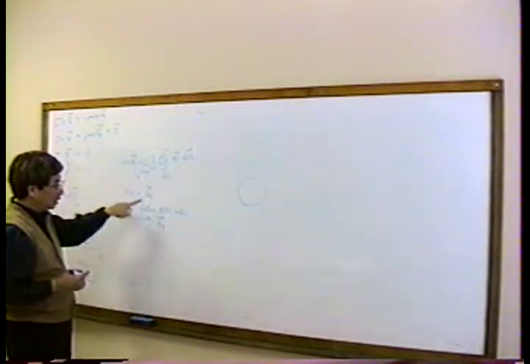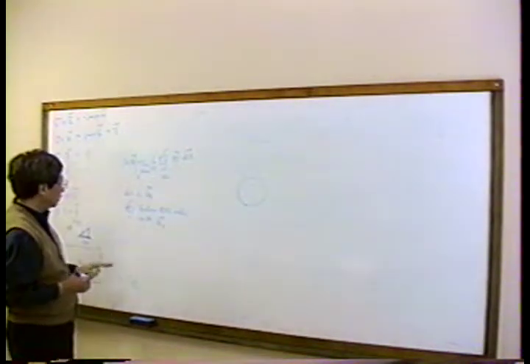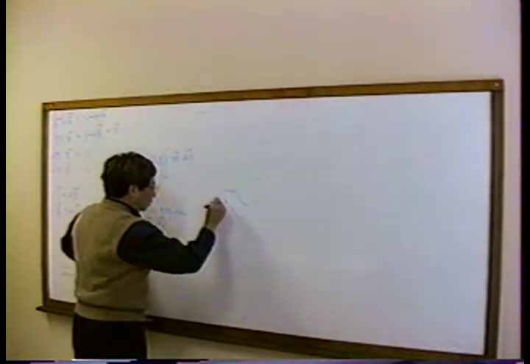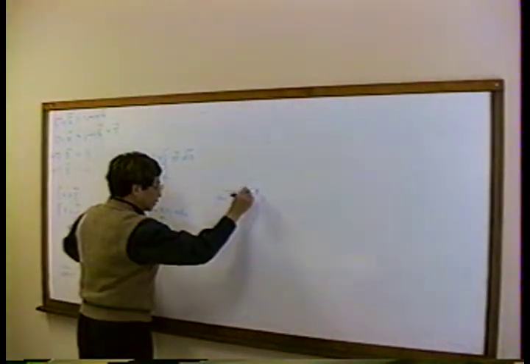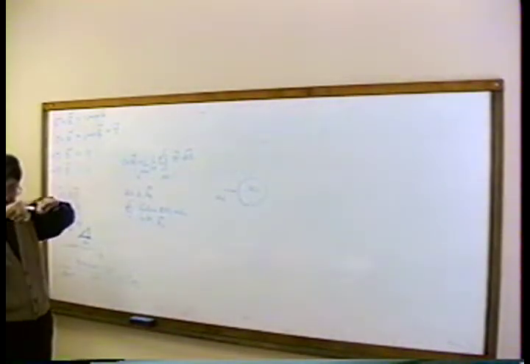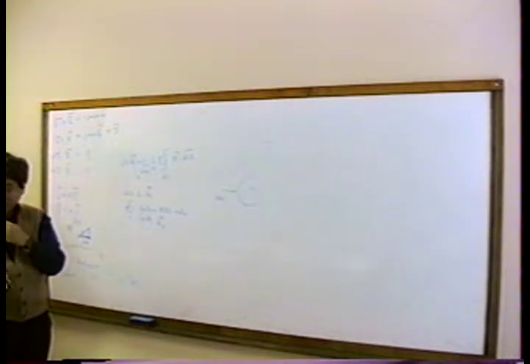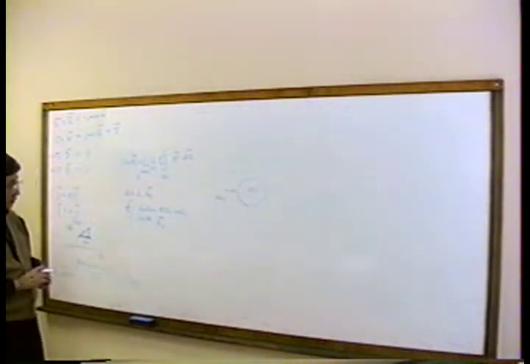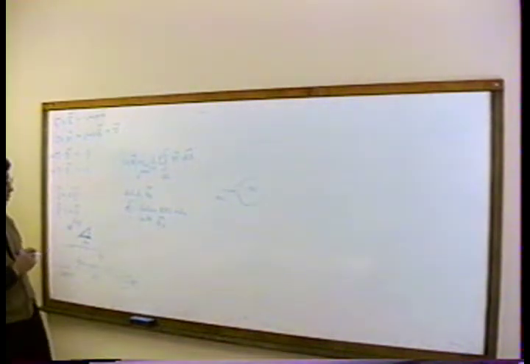Then this delta S in here, this surface in here, this is delta L. This is delta S. Okay, delta L is the boundary, delta S is the surface.